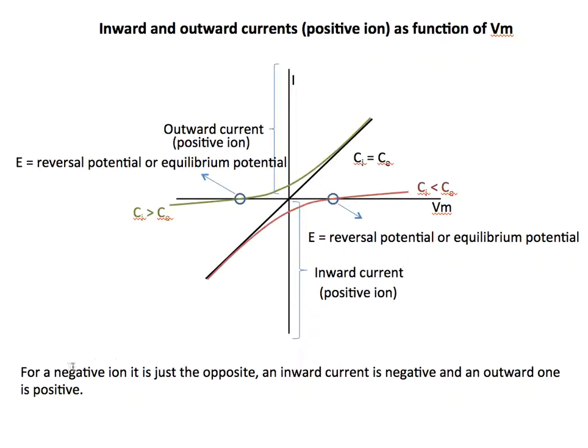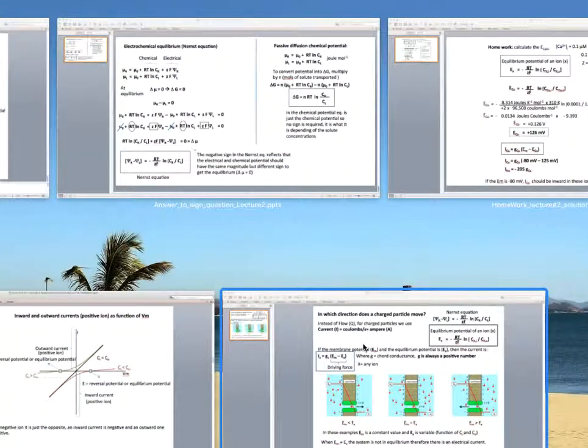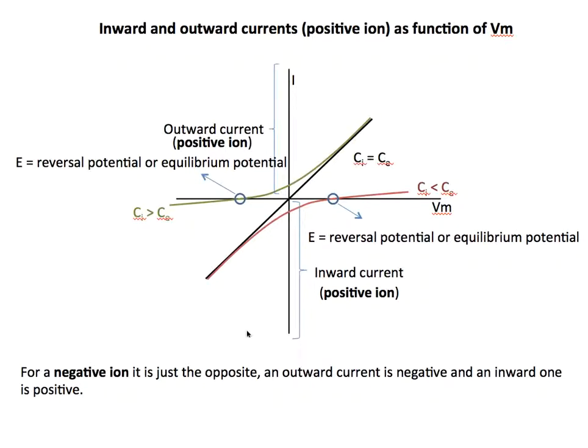So here it says this is a typo. For a negative ion, it is just the opposite. That's true. An outward current is negative, right? Because an outward current of a cation was a positive current. So if it's just the opposite, an outward current of an anion is going to be negative.